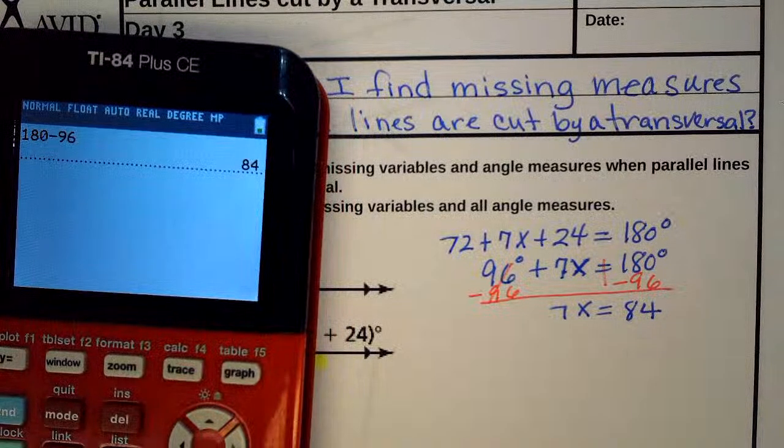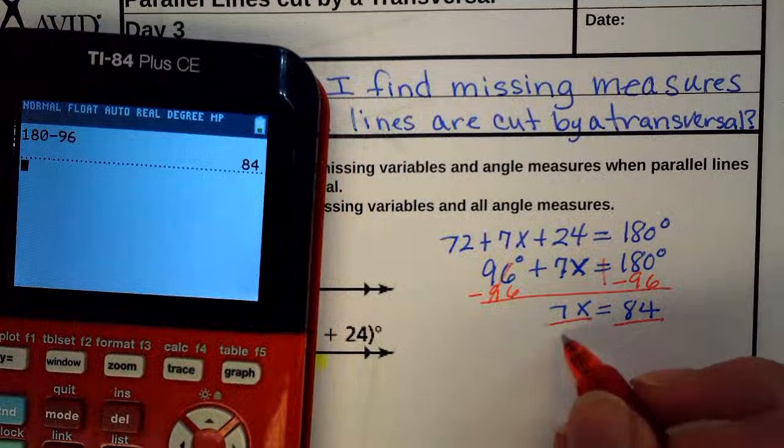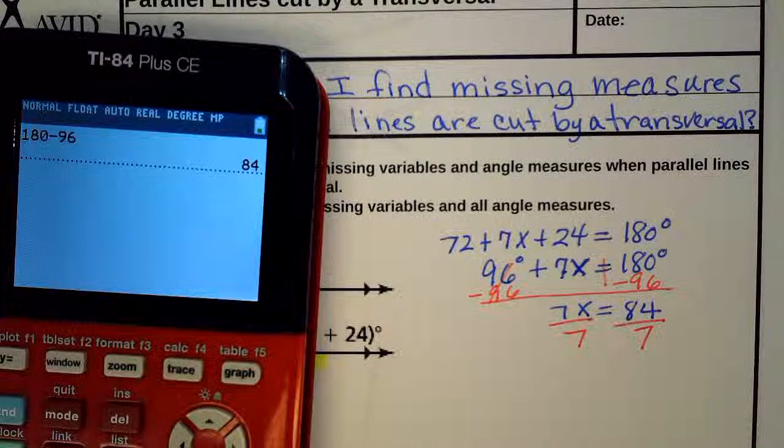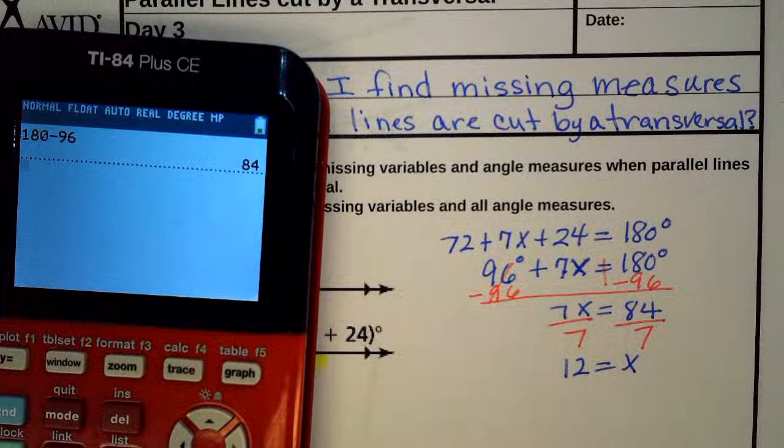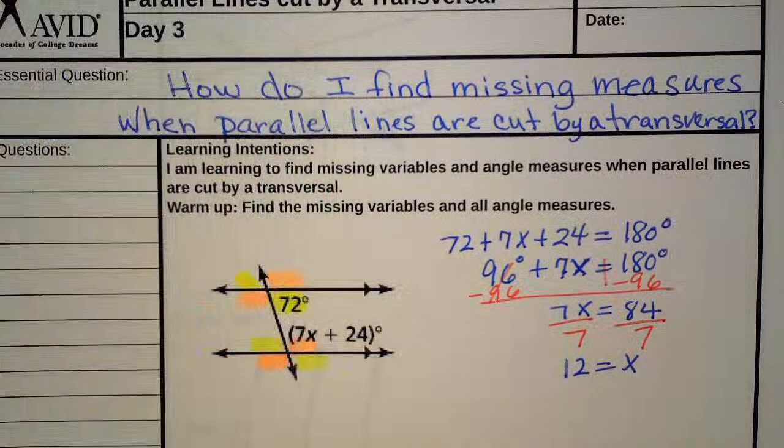Now, divide by 7. And that will be 12 is equal to x. If you're not sure, divide by 7 up here and you get 12. So I am correct.